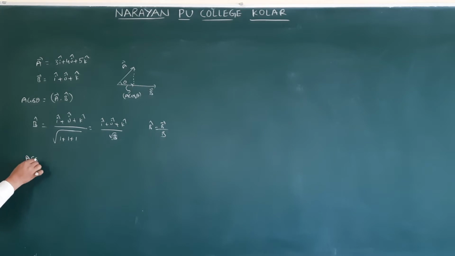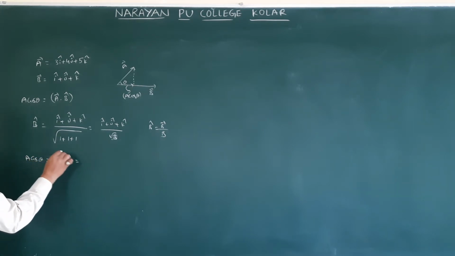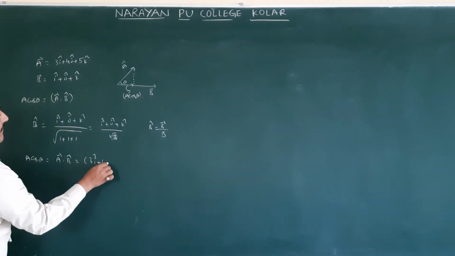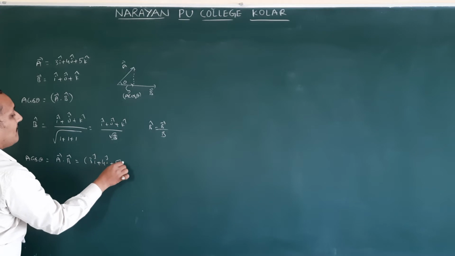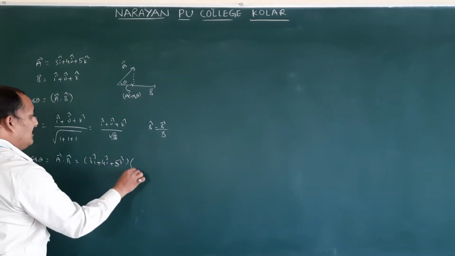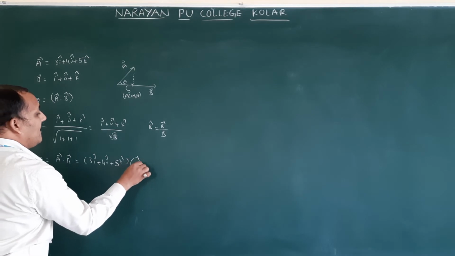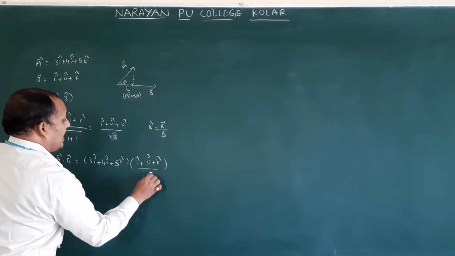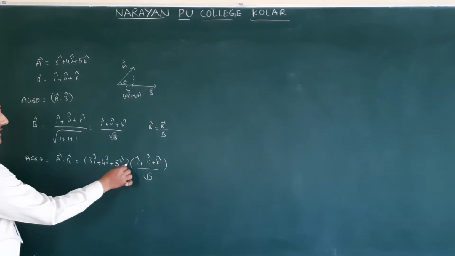A cos theta is equal to A bar dot B cap, which is 3I cap plus 4J cap plus 5K cap dotted with I cap plus J cap plus K cap by root 3.